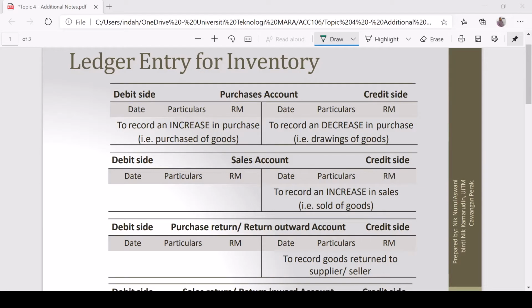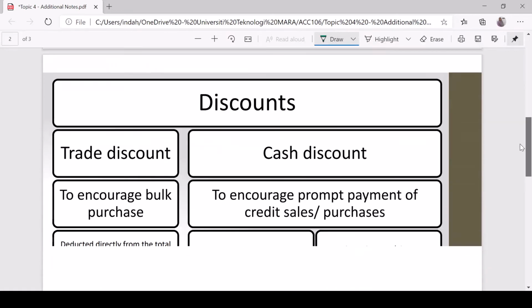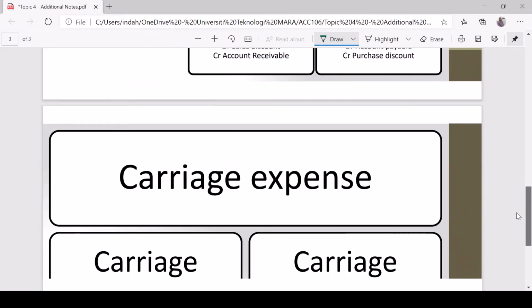So this video is prepared for the additional notes that I missed out when I prepared the notes for topic 4 for the first time. I have explained to you about the inventory, but I did not put them properly in the notes. So this video is prepared for the explanation of the ledger entry for inventory, for discounts, and also for the carriage expense.